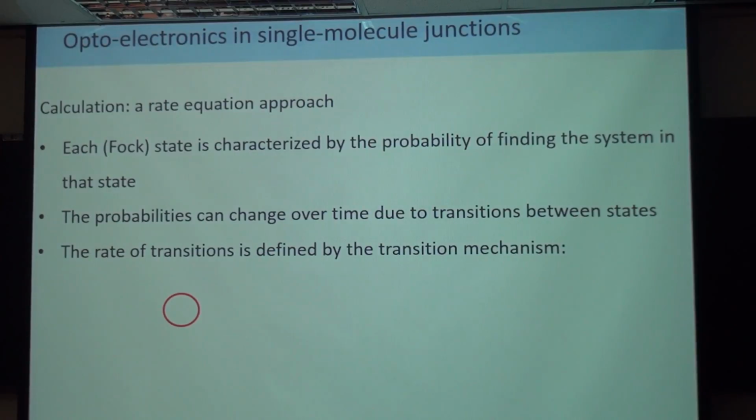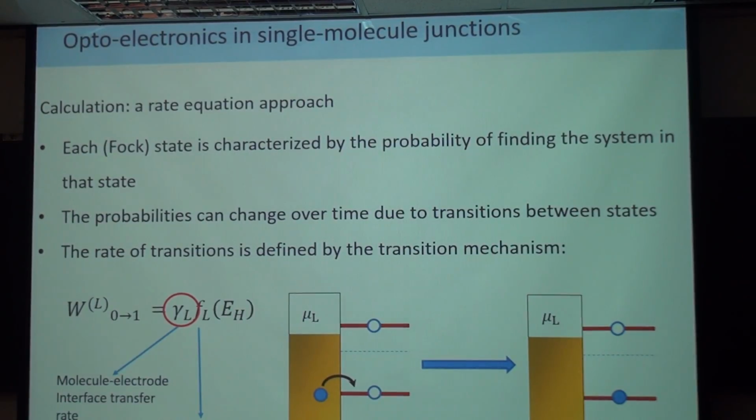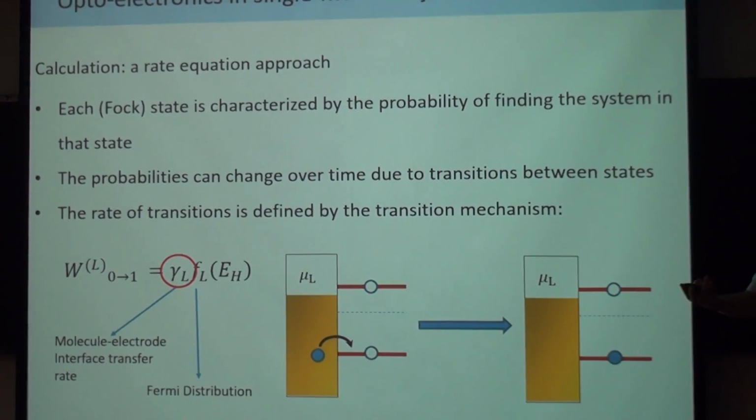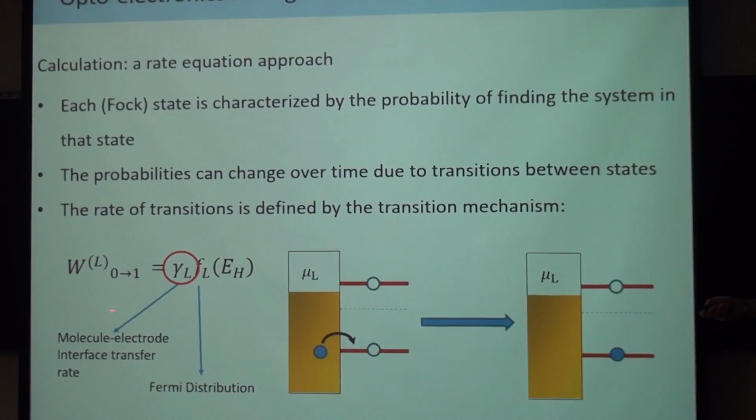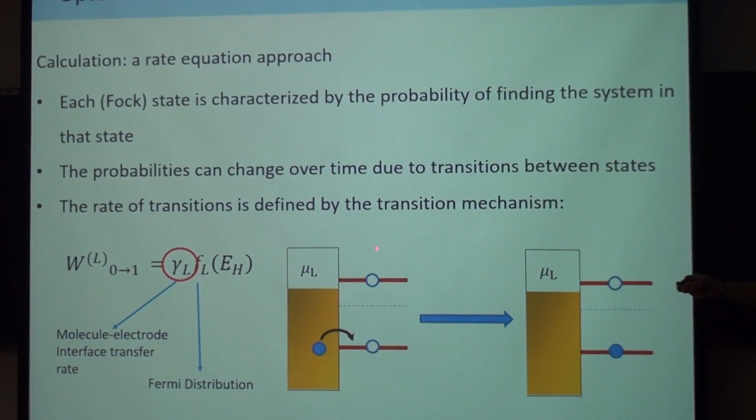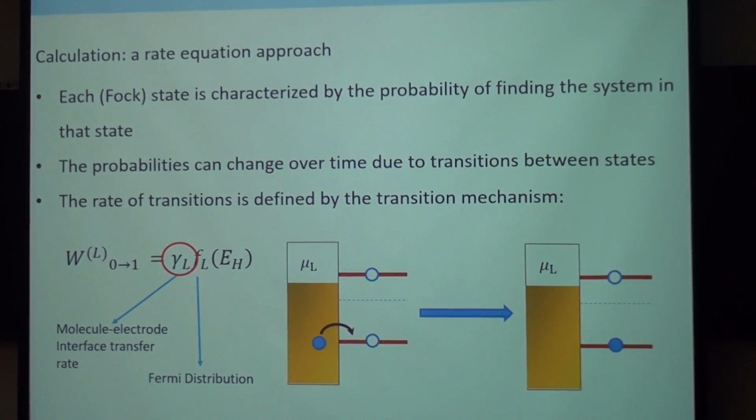I have 5 more minutes, so I will not go through the calculation, of course. Let me just point out that there are 2 things that we don't really know about this junction, which we can use experiments to try to get. One of them is the rate at which electrons can hop from the interface into the molecule and then back out.